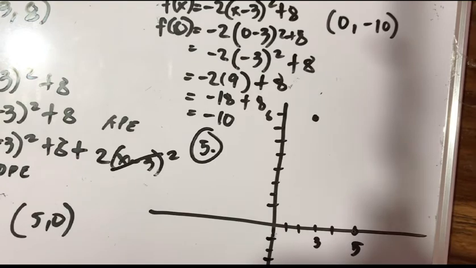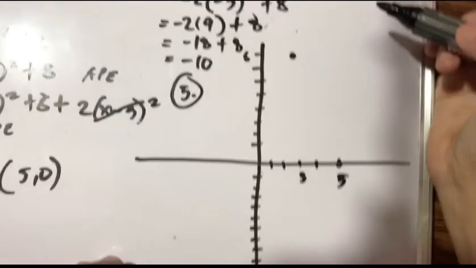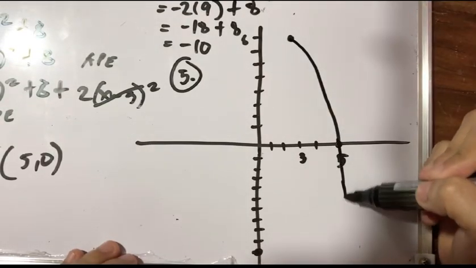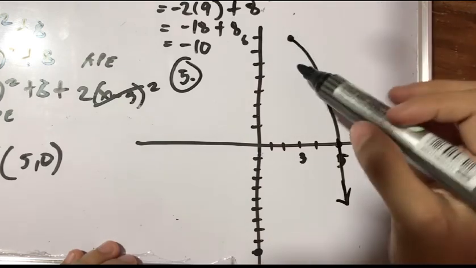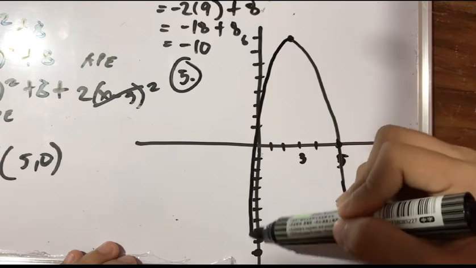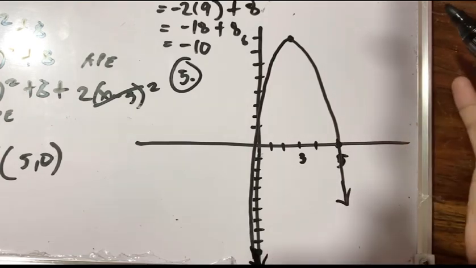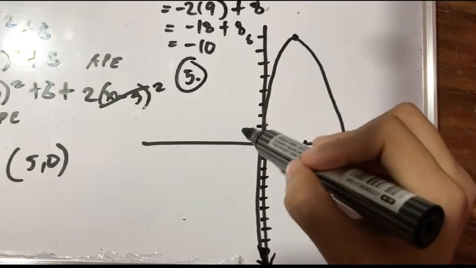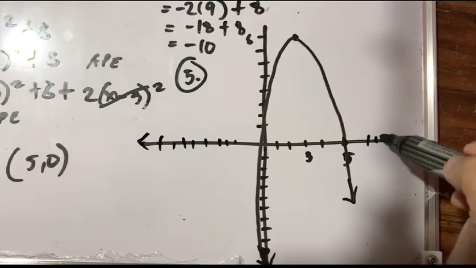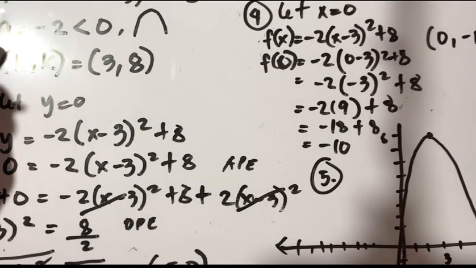So, in here, you will connect these dots. Although my graph is crooked, that is the graph for the function. Now, we have satisfied that the graph opens downward.